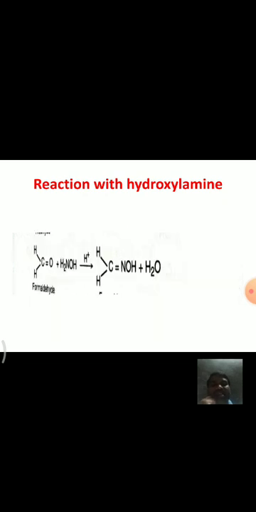These formed oximes undergo rearrangement in the presence of catalysts like thionyl chloride, PCl5, and concentrated sulfuric acid, in which the group anti to the OH group migrates, and after the rearrangement substituted amides are formed. This is known as Beckmann rearrangement.